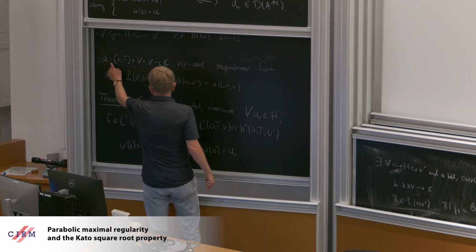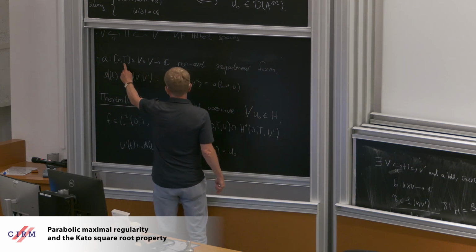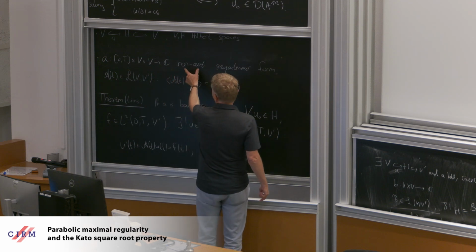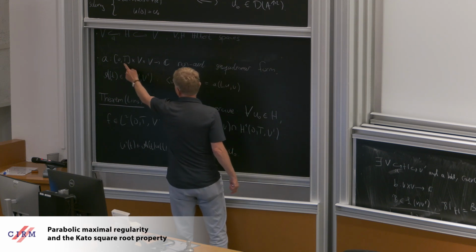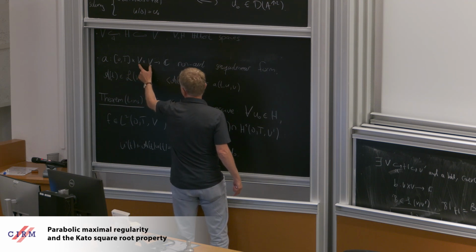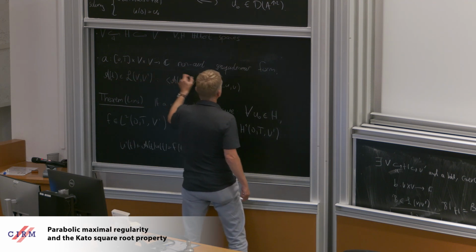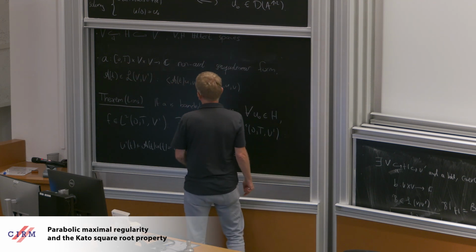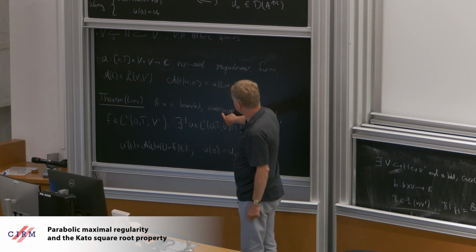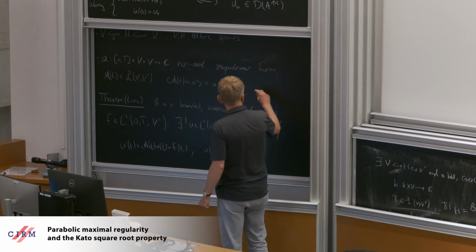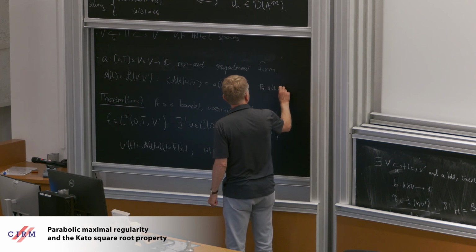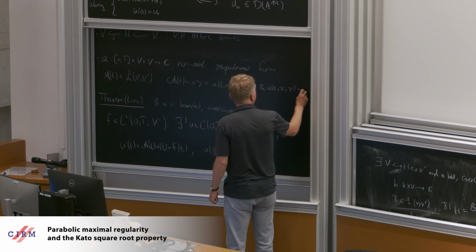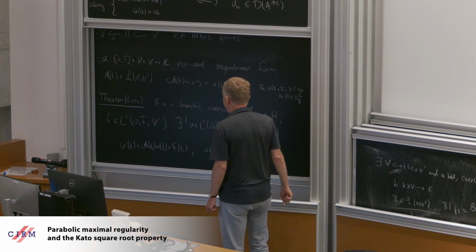We have a sesquilinear form which depends on time, which is bounded, so it's a continuous sesquilinear form if we fix a t, and it is coercive. This means the real part of a(t, v, v) is larger or equal than alpha times the norm of v squared.